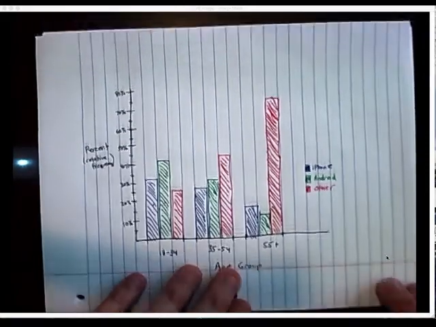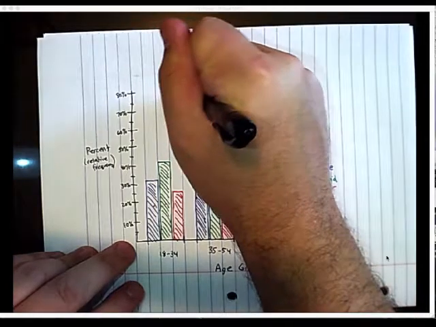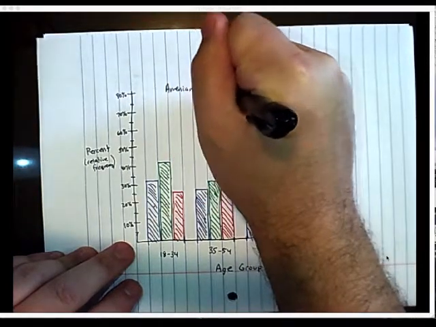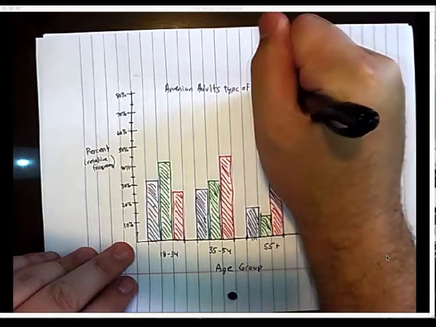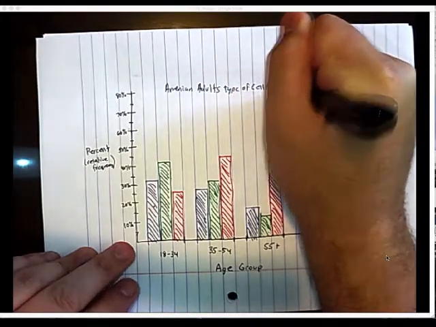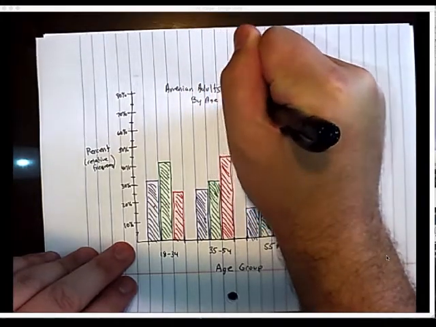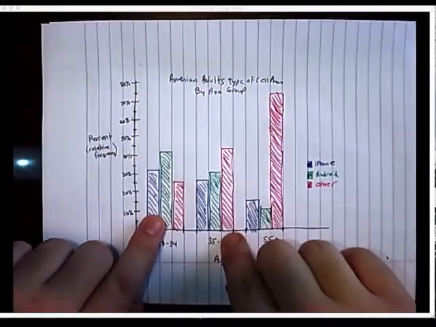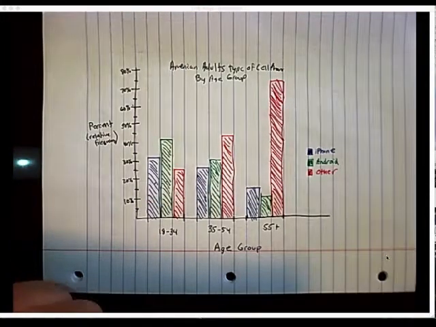All right, let's give this a title. We can say American adults, type of cell phone by age group. And you can see something: these two variables are definitely associated with each other.